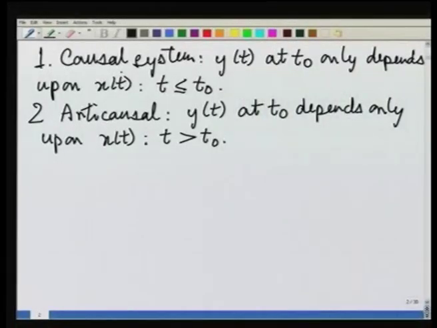A non-causal system is something that could be more general than either an anti-causal system or a causal system.